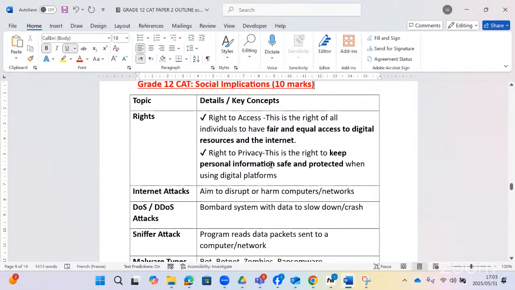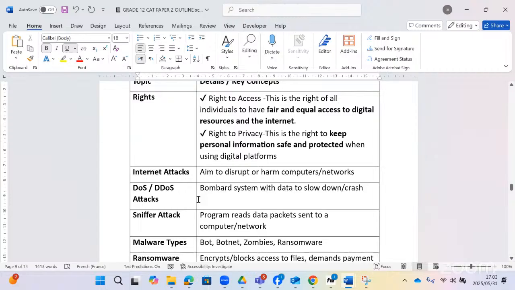And then the right to privacy, that is the right to keep your personal information secured and protected. Now, you must know the internet attacks, but remember these rights, some of them can be revoked. For instance, the right to privacy can be revoked whereby you commit a crime, and then the security agencies have to check your personal information.